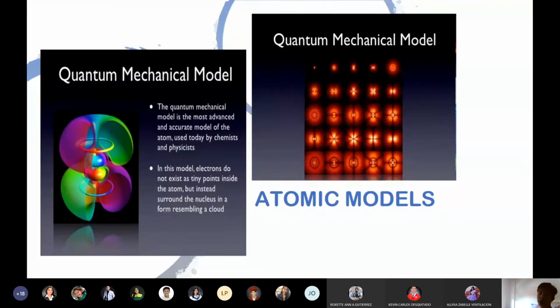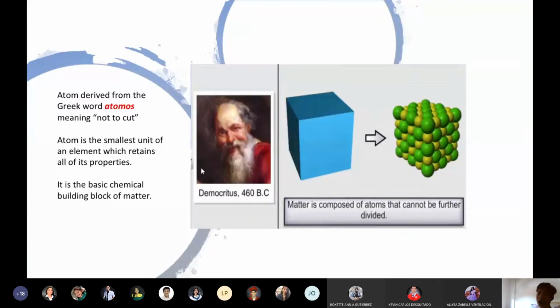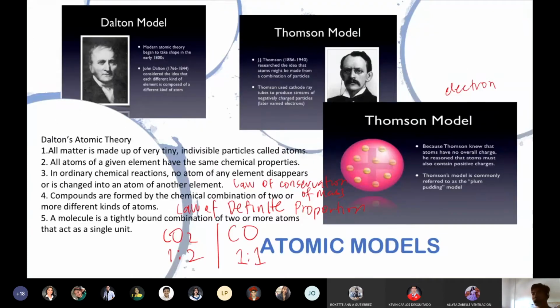We started with an idea of atom being indivisible particles. Dalton improved the idea presented by Democritus. So he gave postulates about the behavior of atoms. So we have the four postulates. Then Thomson revisited the model, and then he found out na may electrons sa ating atoms.